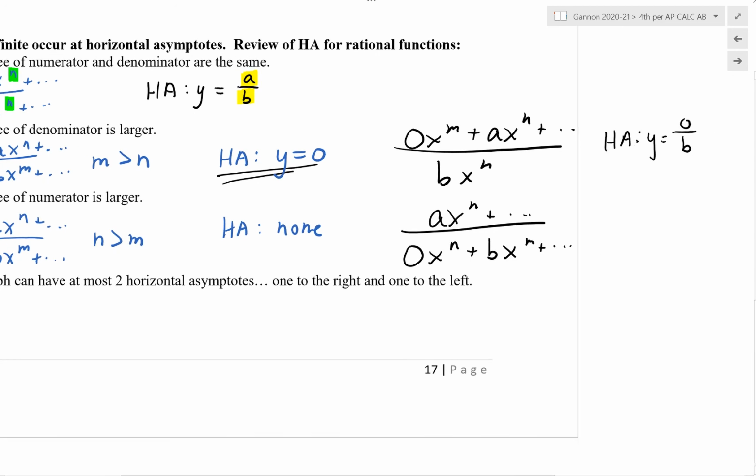So you can always add 0 where you need it. Then using that idea of the degrees being the same, I take the numerator over the denominator and get y = a over 0. Well, dividing by 0 is undefined, which means the horizontal asymptote is undefined. Therefore, there is none.